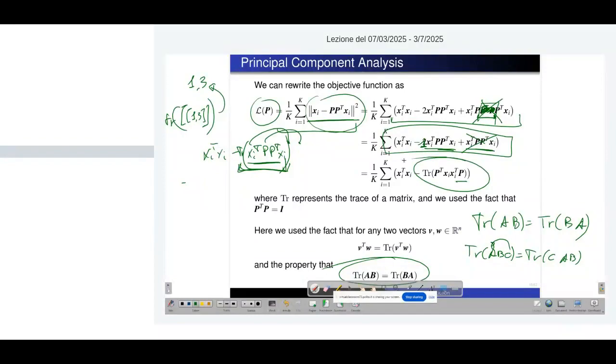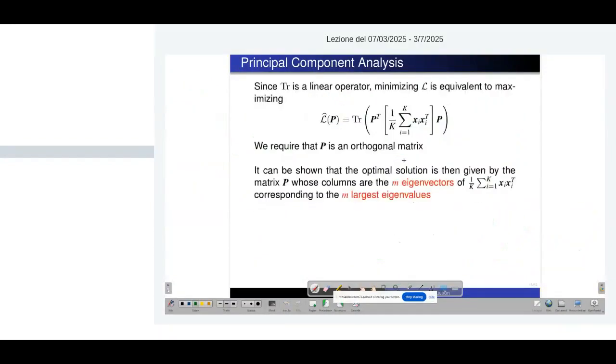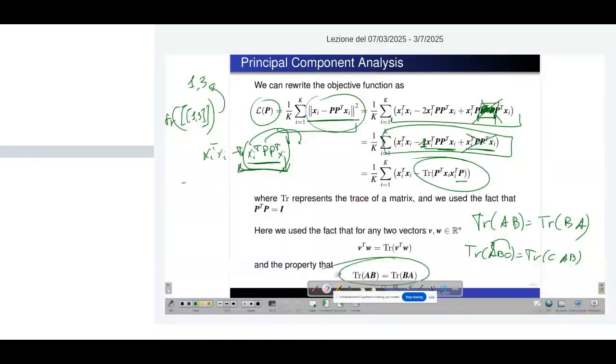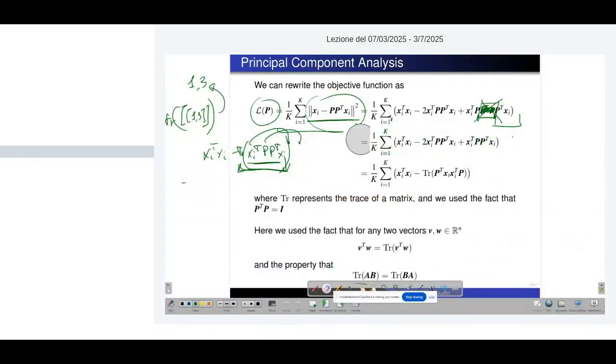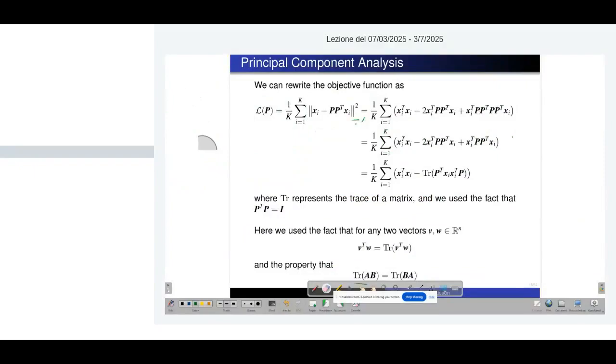Because now I realize that what I want is to minimize my function with respect to P. This is a sum of two terms. The first term doesn't depend on P. When I minimize a function, if I have a function of P that behaves like some value that doesn't depend on P plus some other thing that depends on P, the value of this term is irrelevant for minimization.